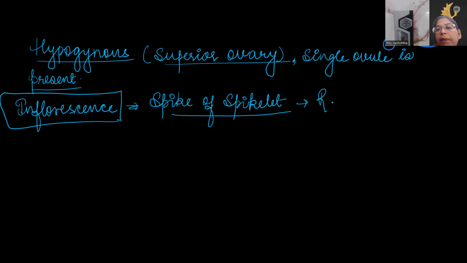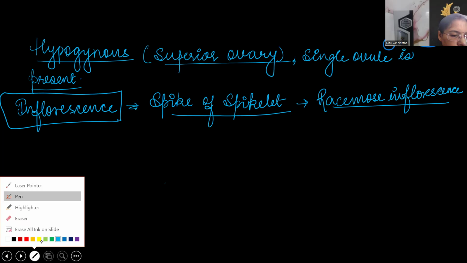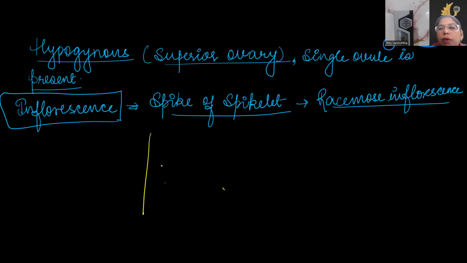I'll explain. Basically, there are 3 types of inflorescence: racemose, cymose, and specialized. When we talk about racemose inflorescence, suppose this is the main axis. So it will grow indefinitely as the tip is not occupied by the flower and the opening of the flowers is from base to apex. How? Just understand this. From base to apex like this.